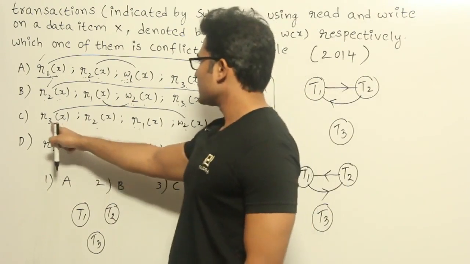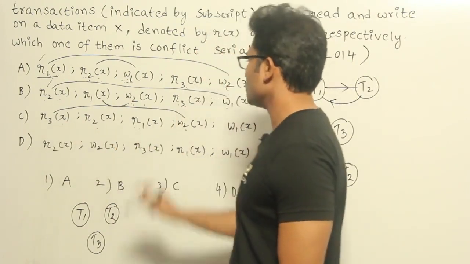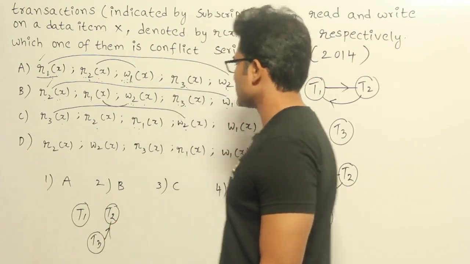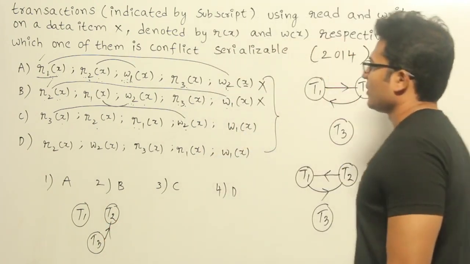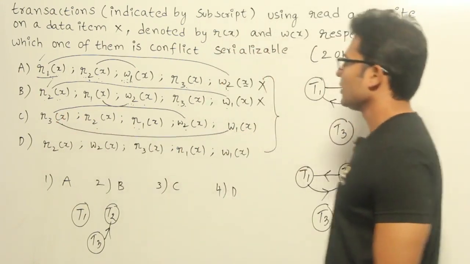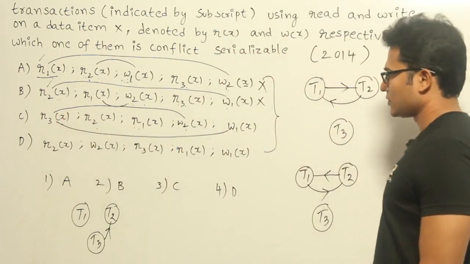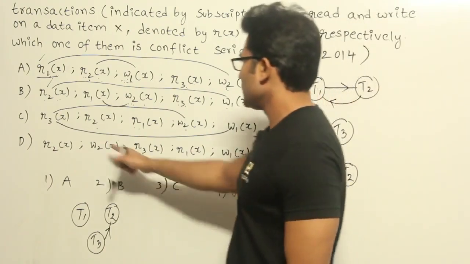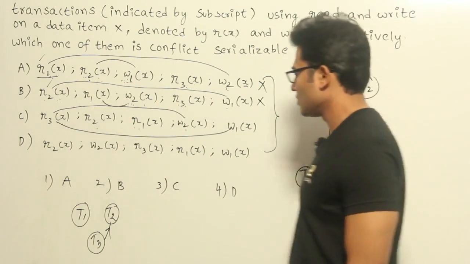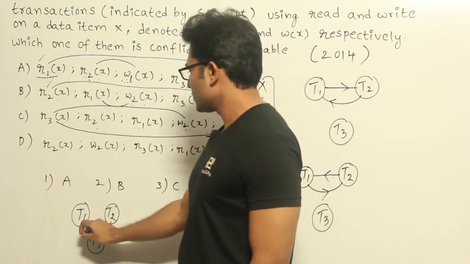So this conflict is saying that 3 and then 2, which means first T3 and then T2. So this is what it is saying. Okay, and now again this one is conflicting with this one, right? This conflict is saying that R3 followed by W1, which means 3 and then 1. So after 3 only 1.